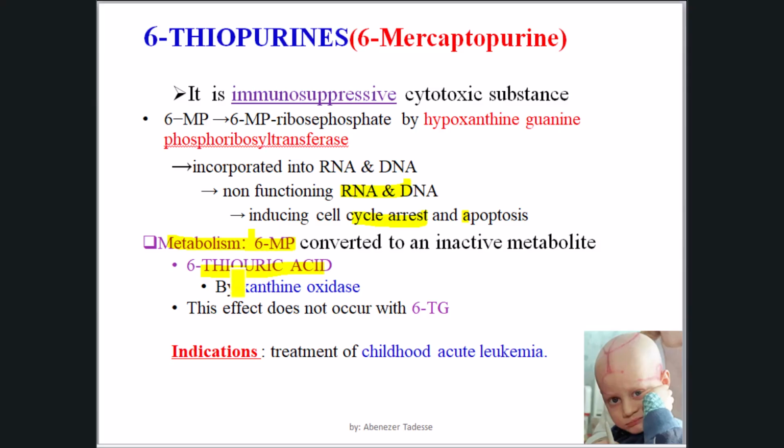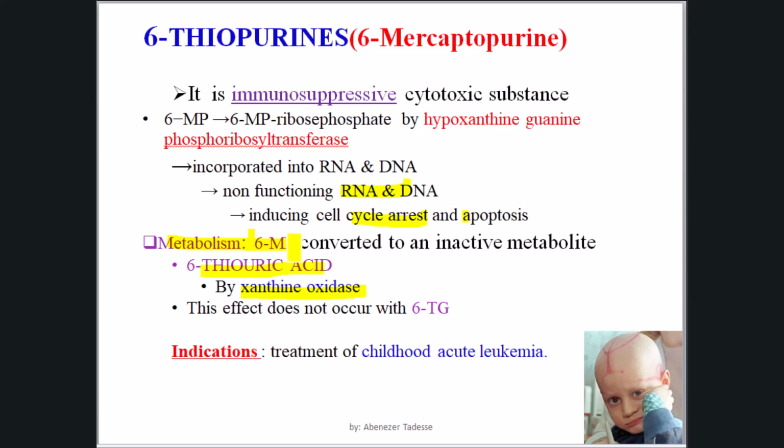The xanthine oxidase normally metabolizes 6-mercaptopurine into the 6-thiouric acid. This can increase the risk of gout. Normally the 6-mercaptopurine becomes inactivated into the 6-thiouric acid.